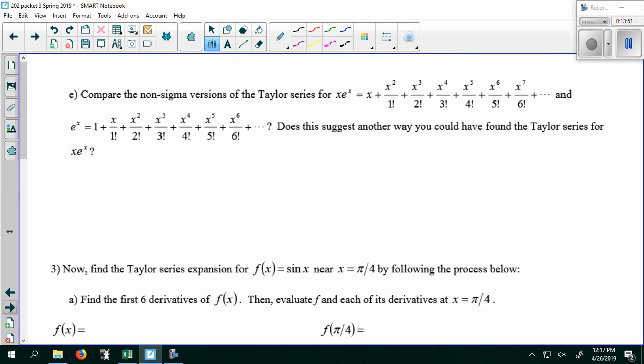Okay, let's look at these non-sigma versions for the Taylor series for x e to the x. We did a lot of work to get this one. We took 6 derivatives and built the whole thing from scratch. But if you look at e to the x, they're really close. And another way that I could have found the Taylor series for x e to the x would be to multiply x by the Taylor series for e to the x.